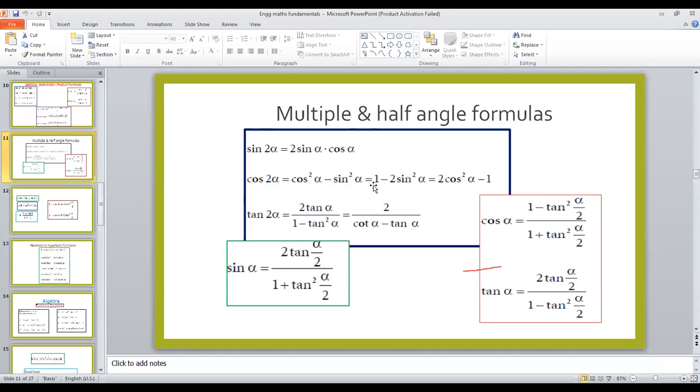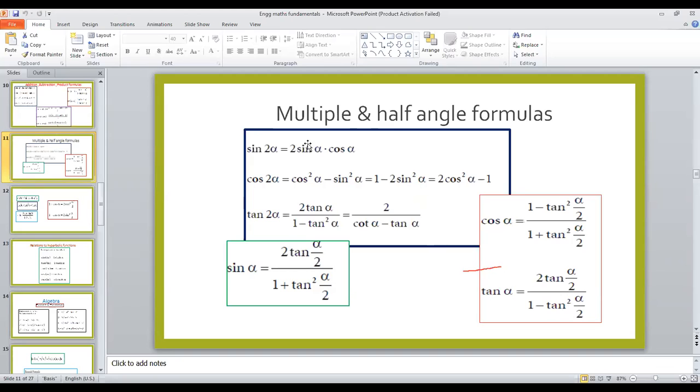Dividing numerator and denominator by cos square alpha by 2, you get 1 minus tan square alpha by 2 upon 1 plus tan square alpha by 2. Will you construct the half angle formula for tan? Dividing the angle by 2 on both sides, tan alpha is 2 tan alpha by 2 upon 1 minus tan square alpha by 2.